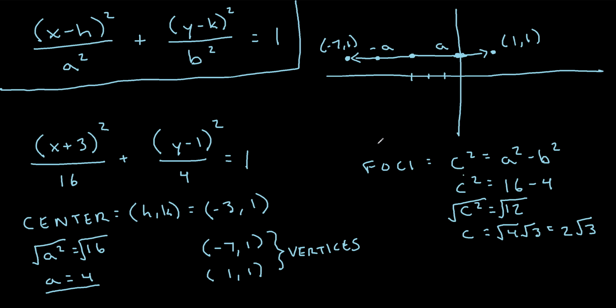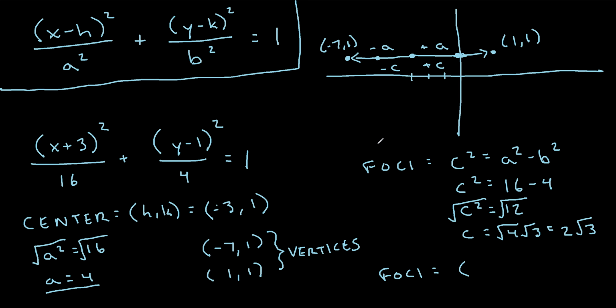So c is what we have to add and subtract. So we'll say minus c and plus c to figure out what our foci are. So we have to subtract 2 root 3 from the x-coordinate of our center. So our foci would be, let's write foci.